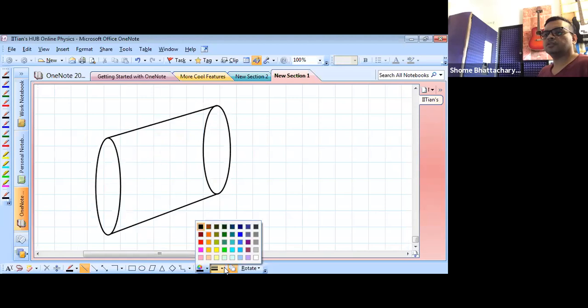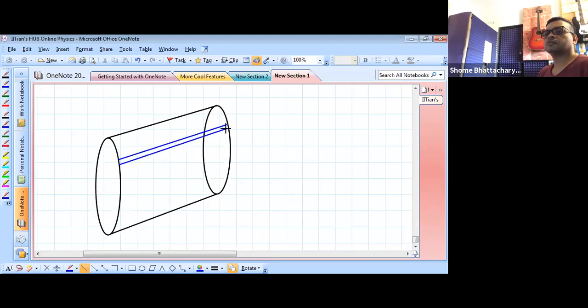Now just imagine on the surface any thin strip like this. This thin strip itself is having a distributed charge now.